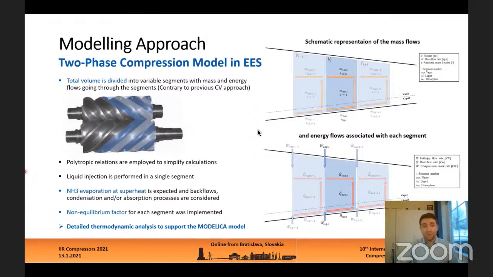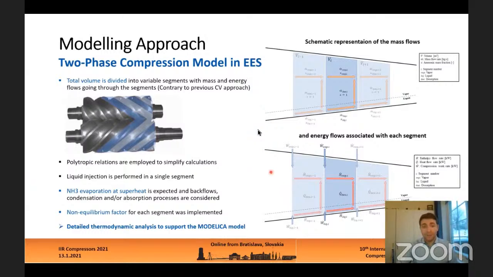Here we used polytropic relations to simplify the calculations between the suction and discharge port. The liquid injection is performed in a single segment, so each of these segments can be selected and then the injection will occur. Ammonia evaporation at superheat is expected, and backflows, condensation, and/or absorption processes are considered in each of these segments, as you can see in the schematics for the mass flow and the energy flows.